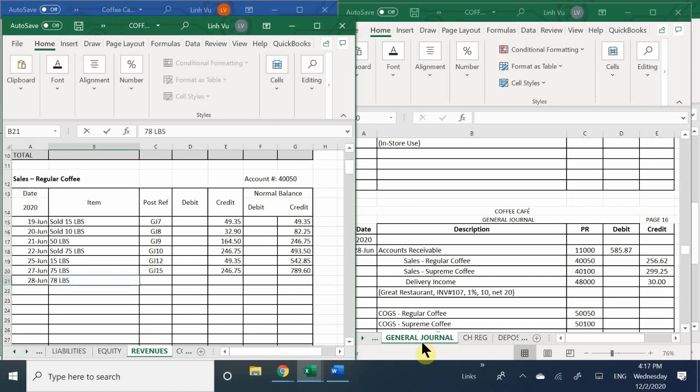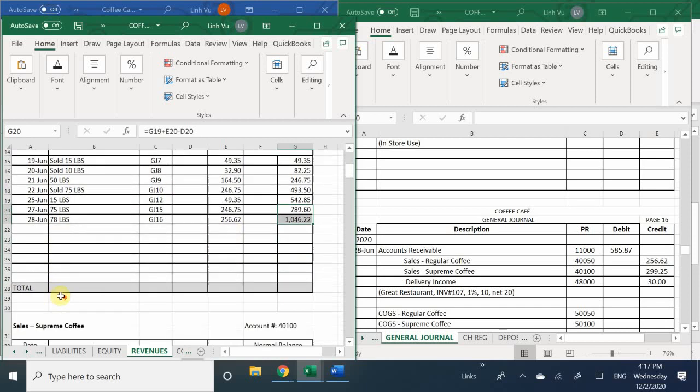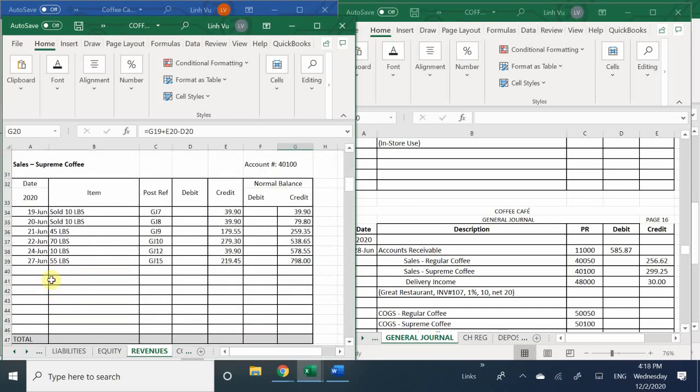General Journal 16. Total out there $256.62, bringing that total to $1,046.22. Okay, 1,046.22. Good.